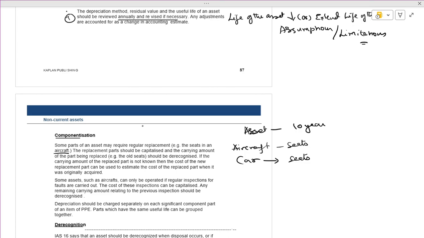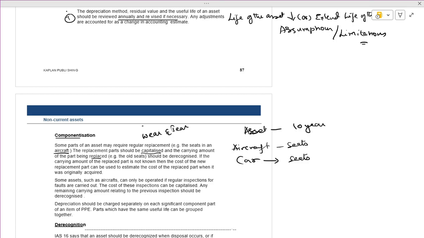In the aircraft, we want to replace the seats, because that is one of the components having maximum wear and tear. The replacement part should be capitalized and the carrying amount should be replaced.